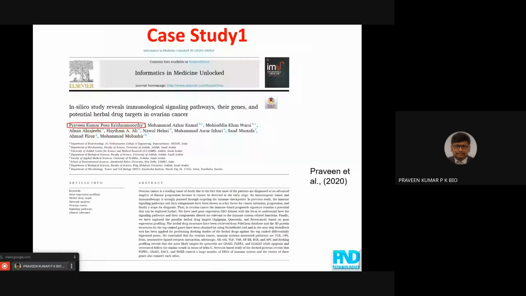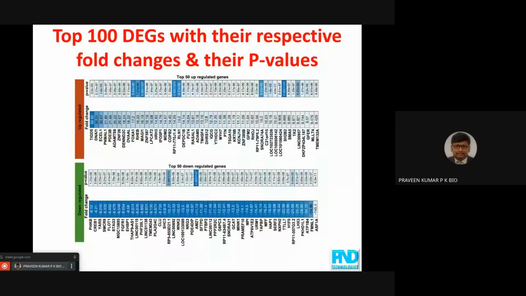Case study. I believe I've already circulated this paper on ovarian cancer. In this article, what I tried was to take the most important genes responsible for ovarian cancer based on multiple immunological signaling pathways, and then I screened one particular herbal target from three compounds.